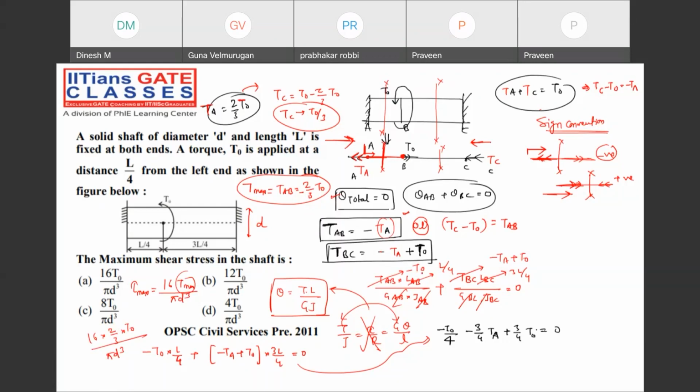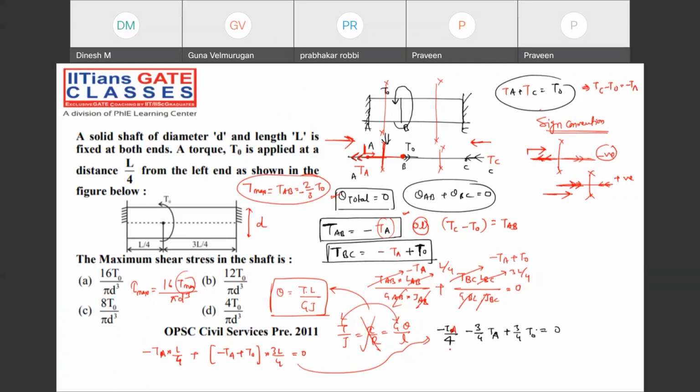It's a TA value. It's a TA, my dear friend.